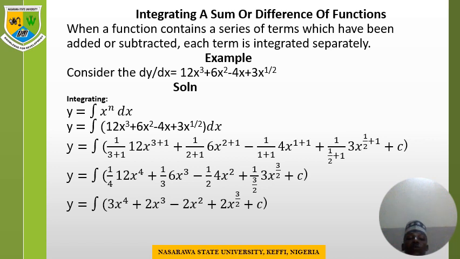When we are reversing 6x raised to power 2, you can see 1 over 2 plus 1 times 6x raised to power 2 plus 1, minus 1 over 1 plus 1 times 4x raised to power 1 plus 1, plus 1 over 2 plus 1 times 3x raised to power 1 over 2 plus 1, by expansion. At the end, you have a value.